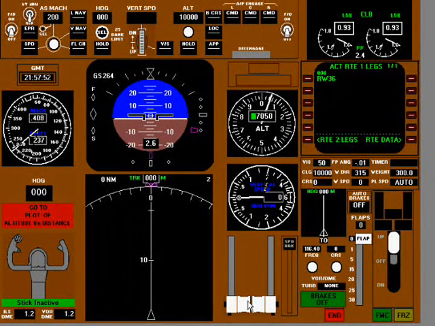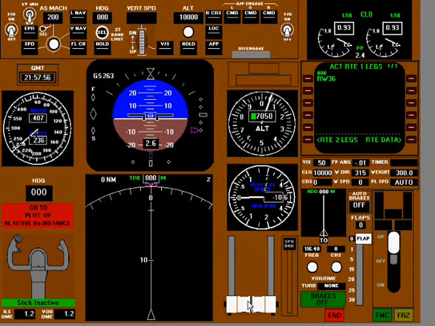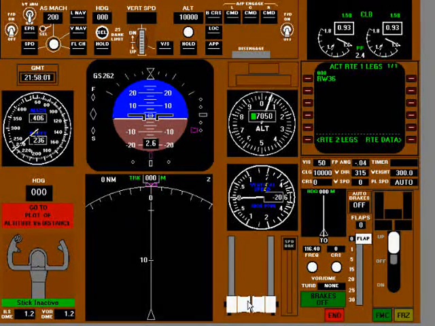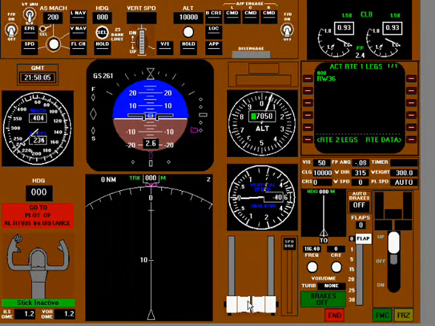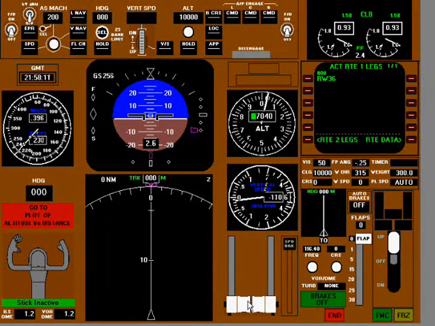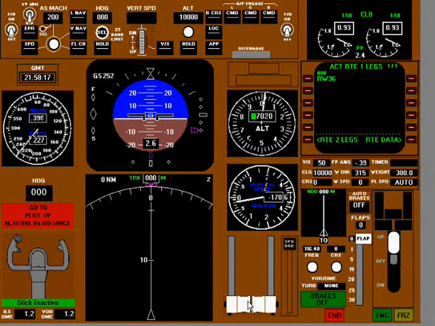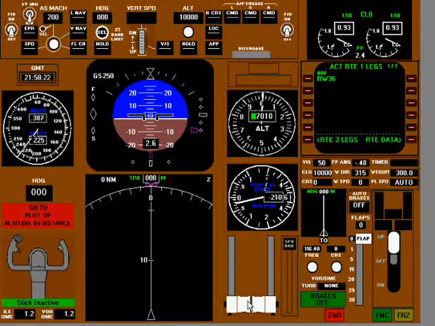But as the airspeed continues to slow, the vertical speed now increases toward 7,000 feet. The desired altitude is then easily captured.